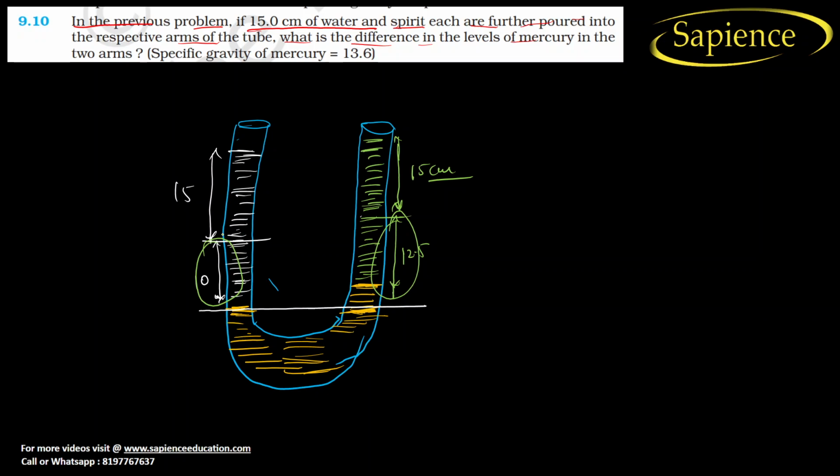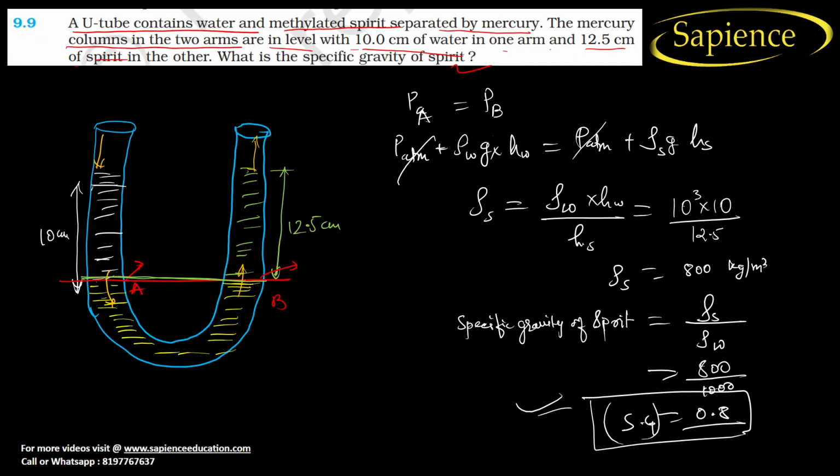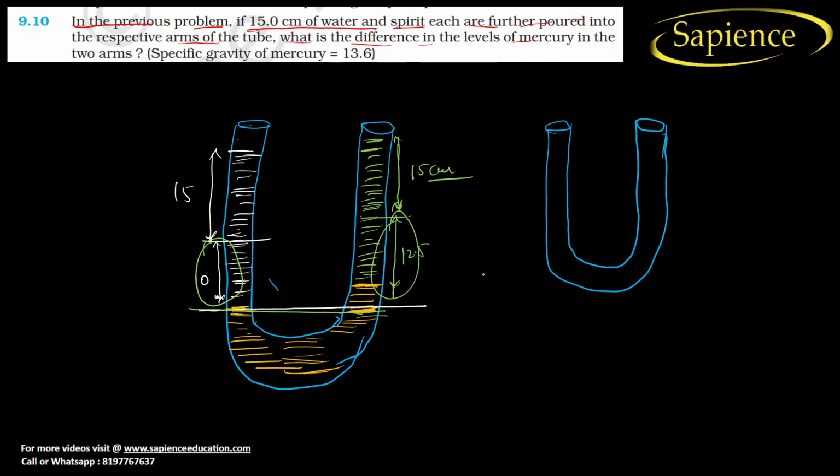Finally no effect will be there, because it won't change any level of the mercury. So the final figure will be like this, because if you remove this, there will be no change in the level of the mercury, since they create the same level. So we can easily remove this.